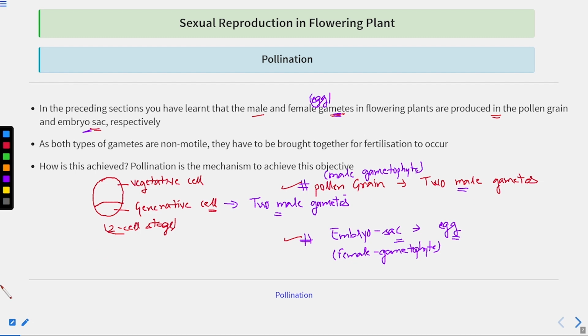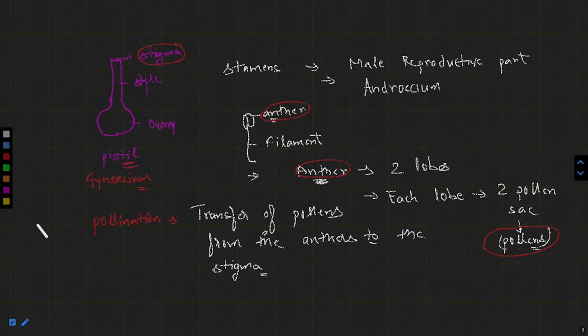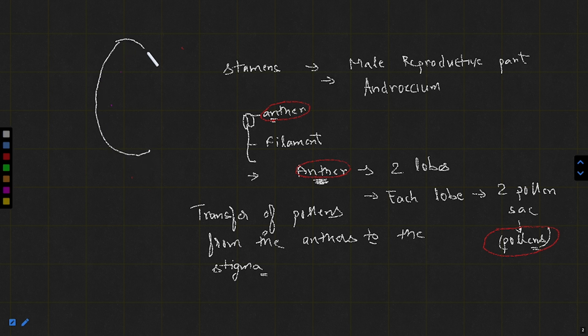So let's draw a rough sketch of the embryo sac. Okay, so the embryo sac looks like this. We are drawing the embryo sac now. This is the micropylar end and this is the chalazal end.